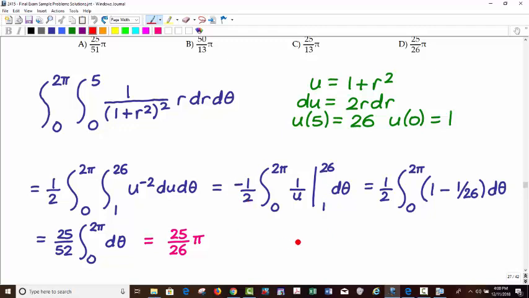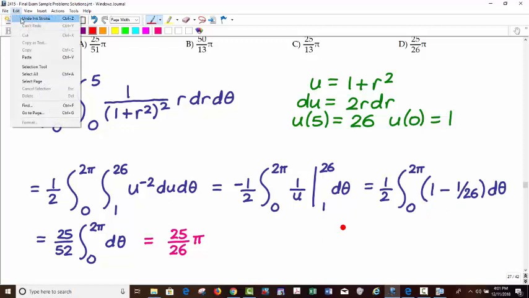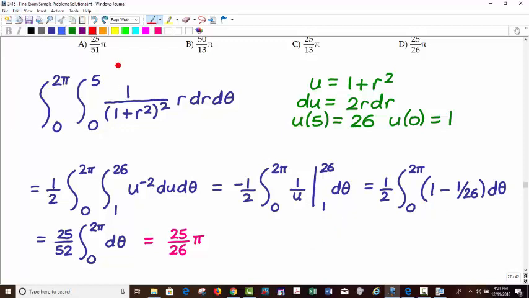I just figure the fewer negatives you've got hanging around, the less likely you are to make a mistake. So when I came over to this part, I put in the 1 first and not the 26. So I'll put in the 1 first, so 1 over 1 makes 1 right there, then the 26. And now that changes to positive.